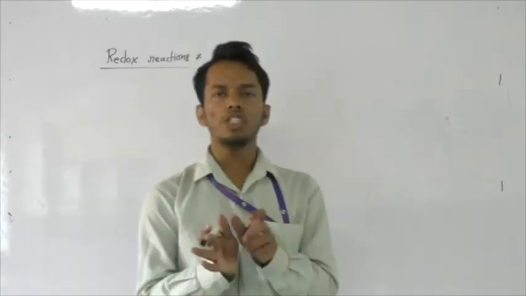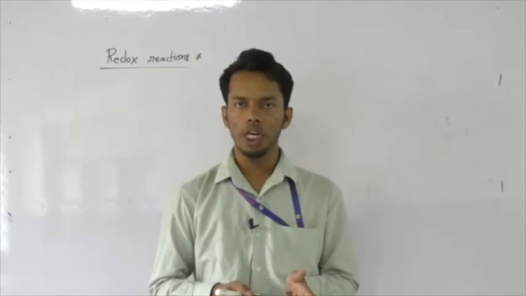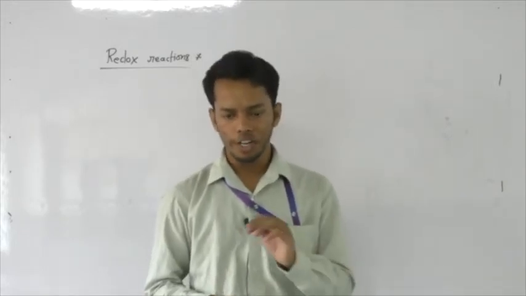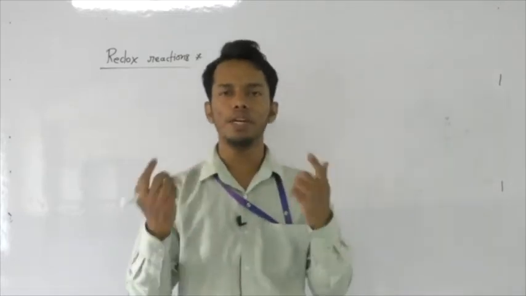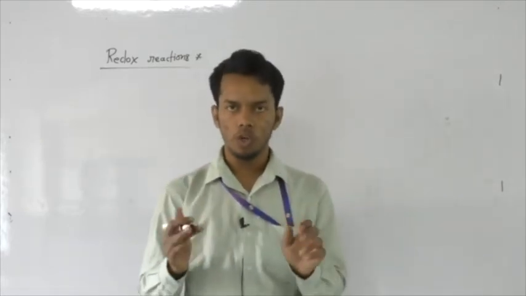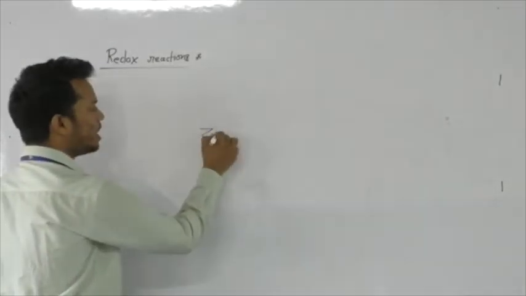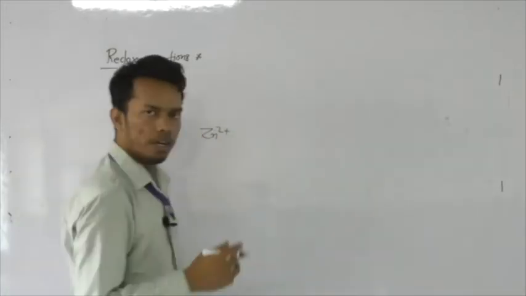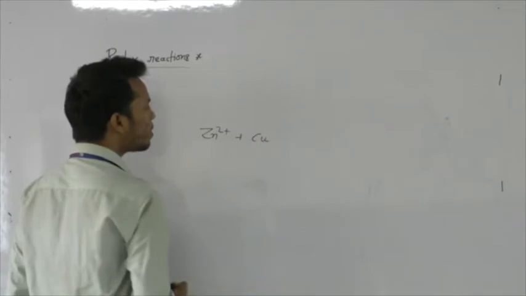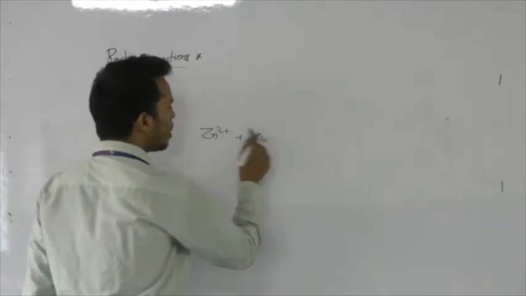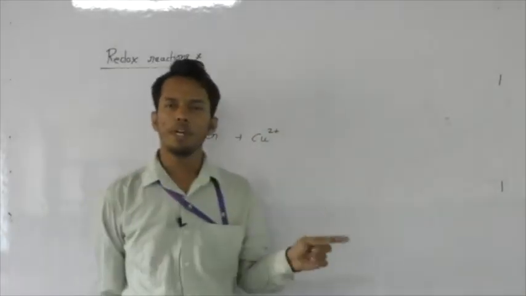I told you there is something called half reactions. Half reactions means there should be involvement of electron. It can be either oxidation or reduction. In any full cell reaction, any complete reaction, you will not see any electrons. For example, let's take Zn plus copper 2 plus, because Zn2 plus copper won't be spontaneous.